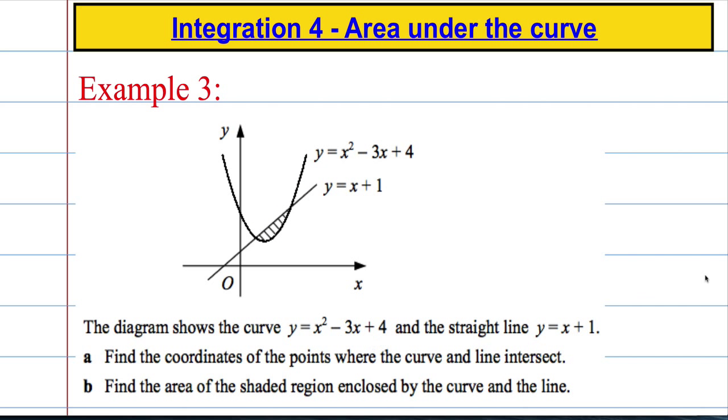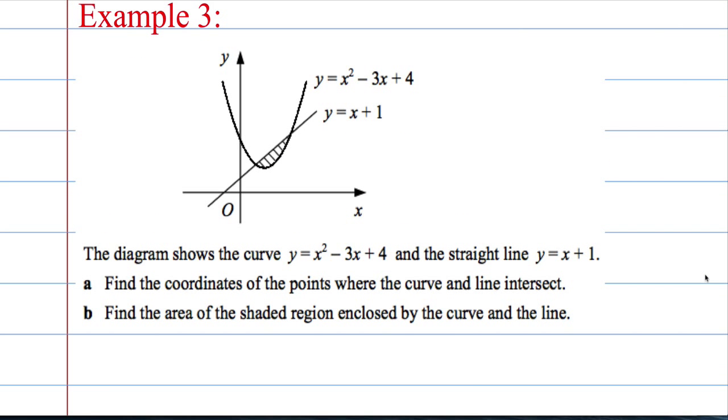Okay, another example here. This time we're asked to find the coordinates of the points where the curve and the line intersect, and then finally to find the area of the shaded region enclosed by the curve and the line. Okay, first thing I'm going to do is focus on finding the coordinates of the points where these two meet.